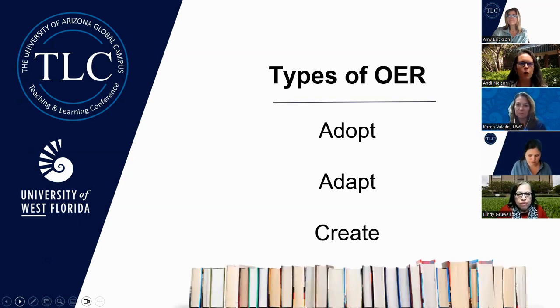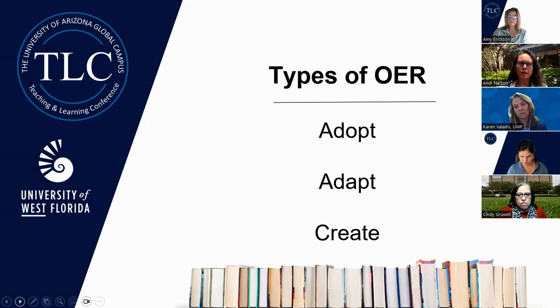All right, so there are 3 different types of OERs, and what you choose depends on your course needs. For adoption, this is when you go online and find an OER for your course and no changes are needed to it. You can basically place it in your course and you're done. For adaption, you may find an OER that needs some changes to meet your course needs, such as deleting chapters or maybe just adding a few more chapters imported from other OERs that have the same Creative Commons licensure requirements to get all your topics covered.